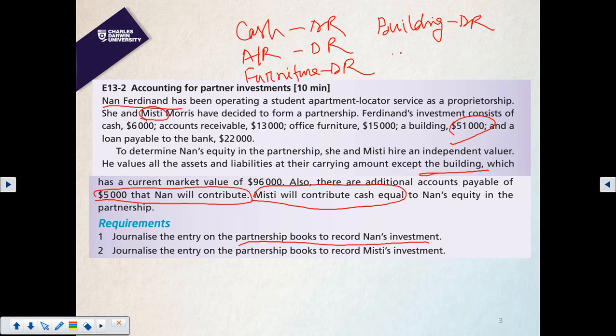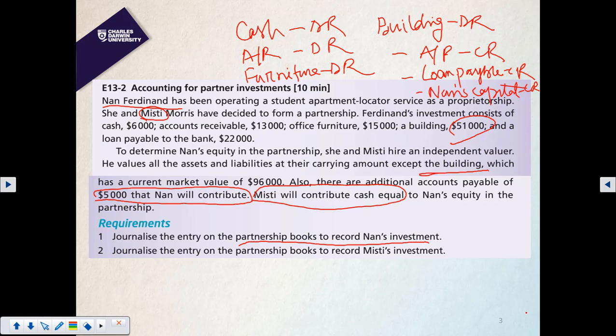And credit is going to be accounts payable, then loan payable also going to be credit, and then the one with the name of Nan's Capital is going to be what? Credit.